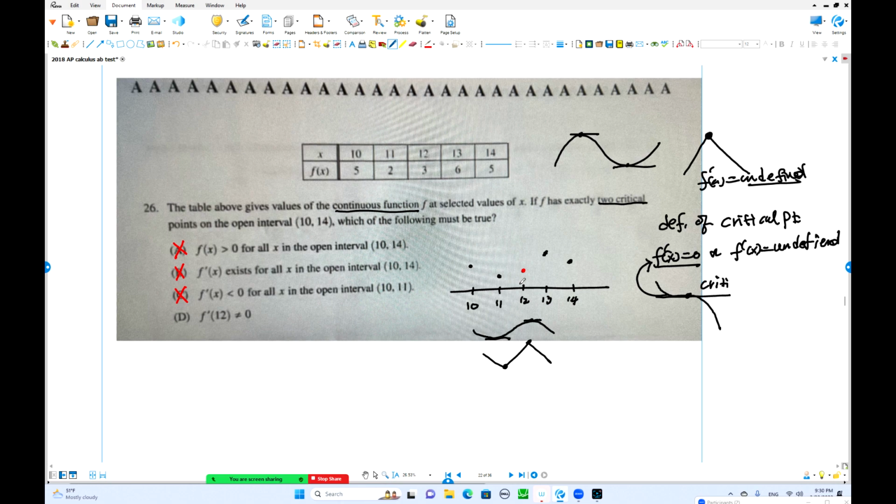We have two critical points. The graph goes up here and down over here, increasing over here.